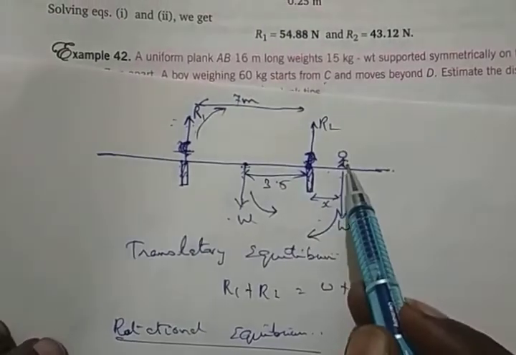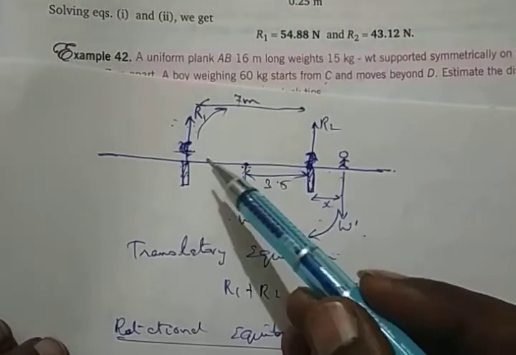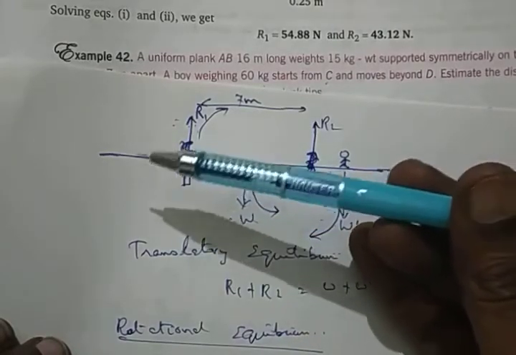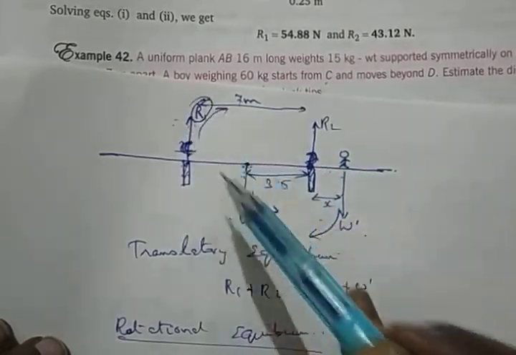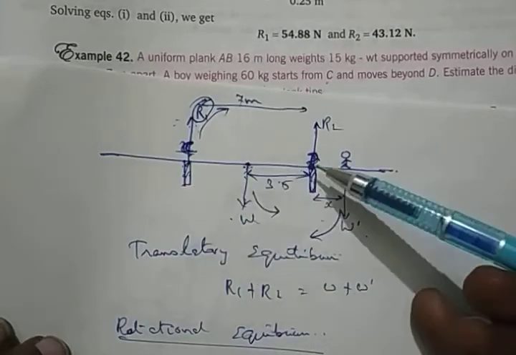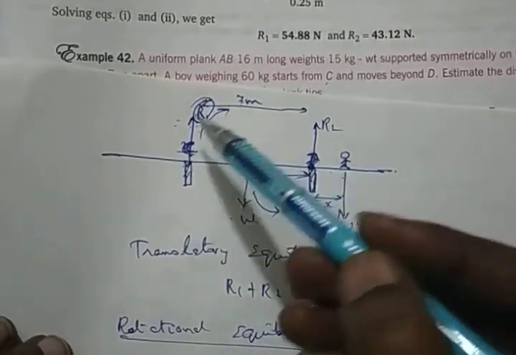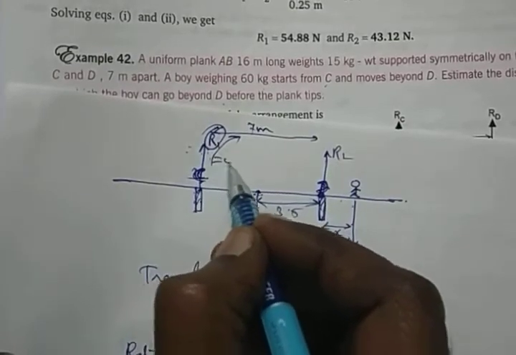Now very important thing is, look at this one. If this boy has gone to a point here, when it just starts tipping, just on the verge of leaving, then tell me what is R1? It is just on the verge of lifting. So R1 should be equal to 0 at that point of time.